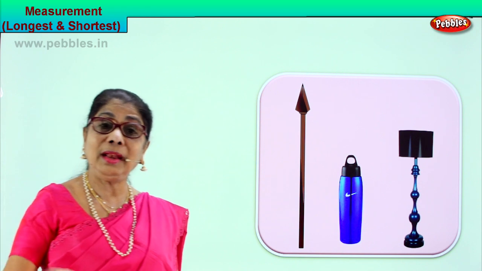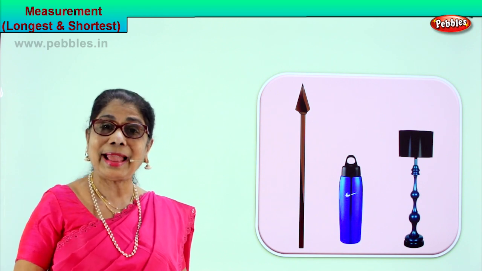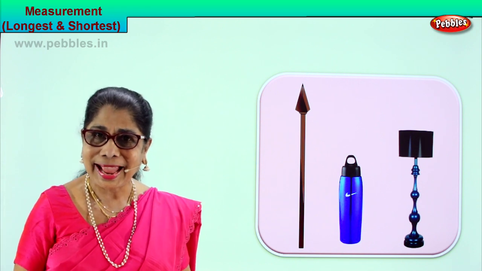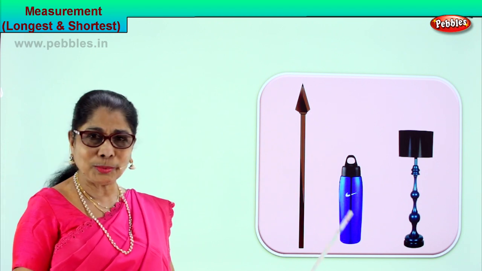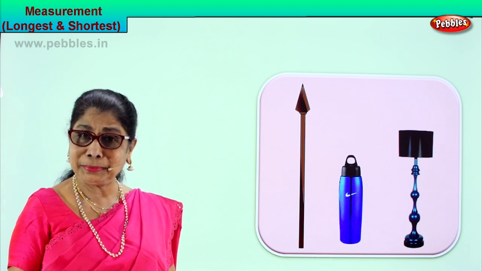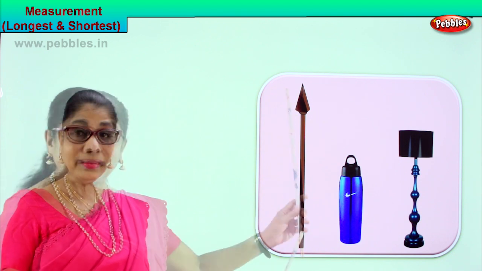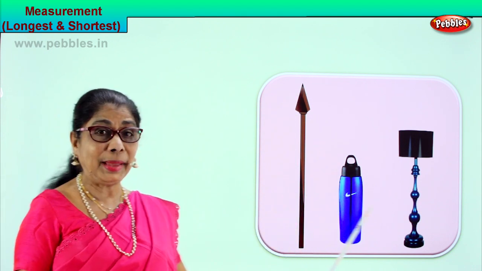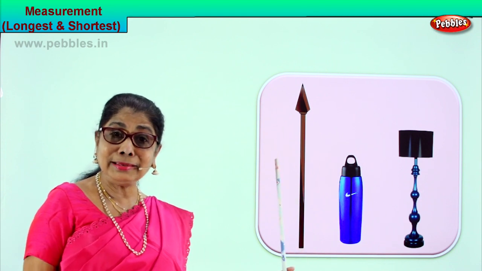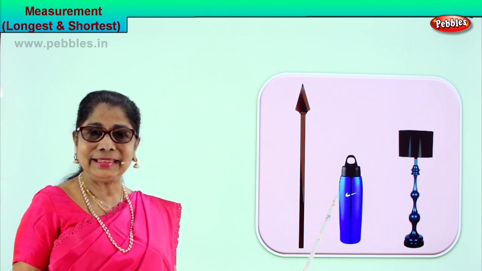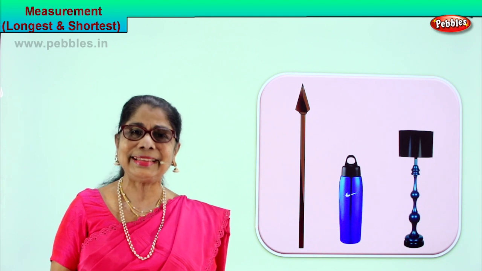Of the three, we are learning shortest and the longest. Which is the shortest item? The cool water bottle. Good. And the longest one is the sphere. You learn to compare the items. Longest, shortest. Did you enjoy the exercise?